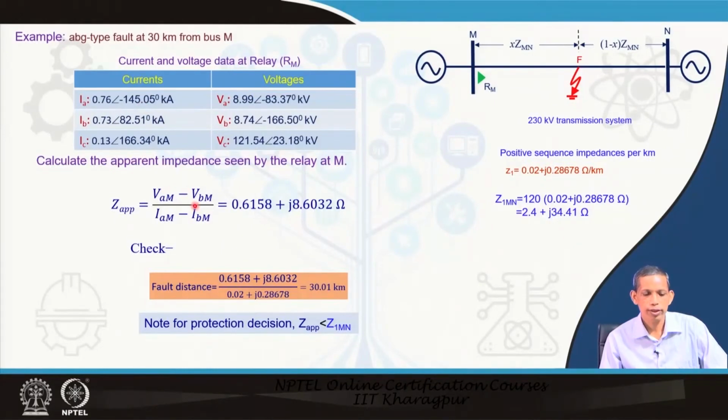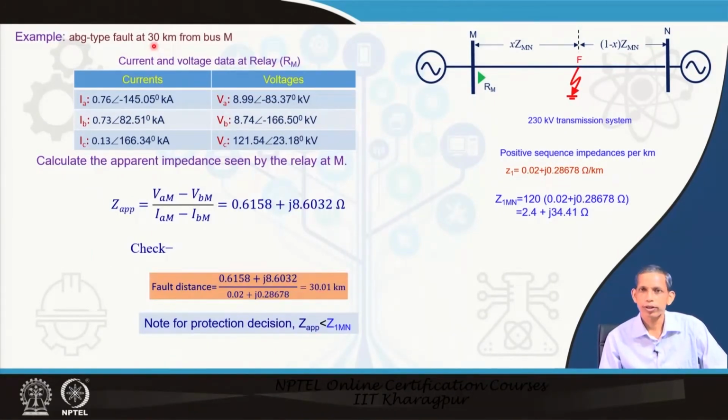You substitute the data and get the corresponding apparent impedance to be 0.6158 plus j 8.6032 ohm. So, we can check the fault distance here: this impedance upon the per kilometer positive sequence impedance, and we got the distance to be 30.01 kilometers.